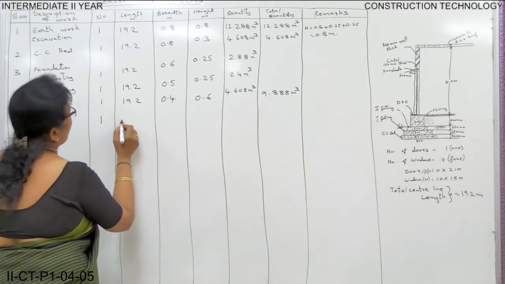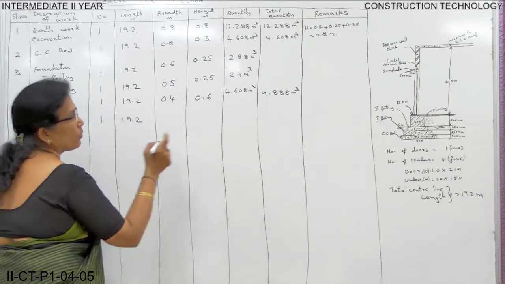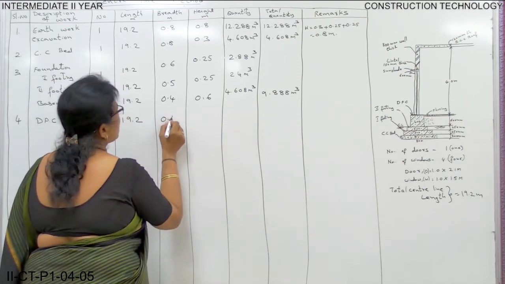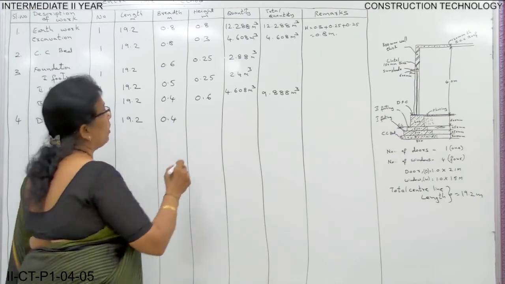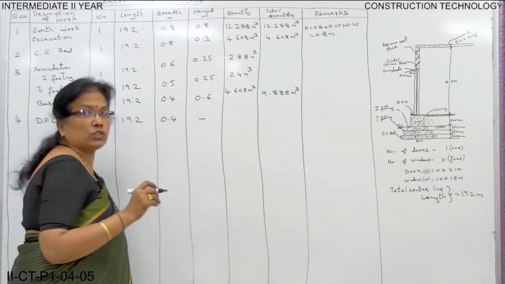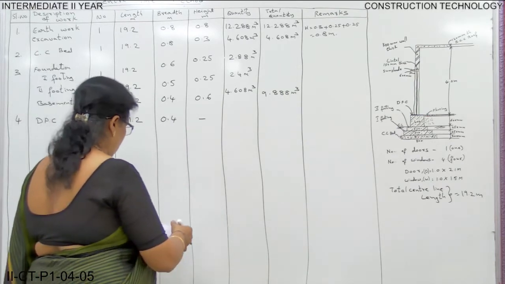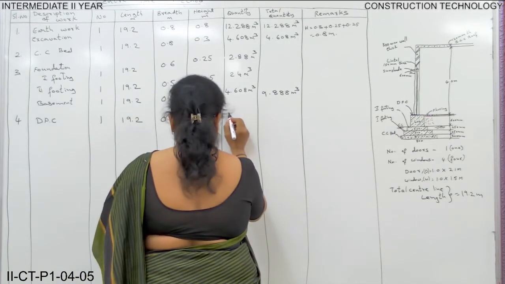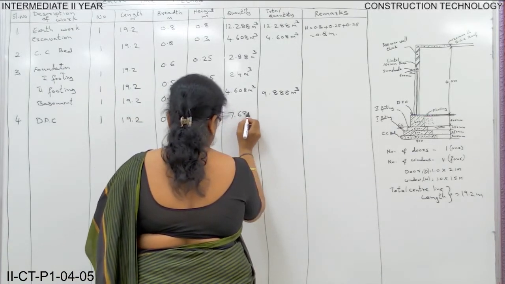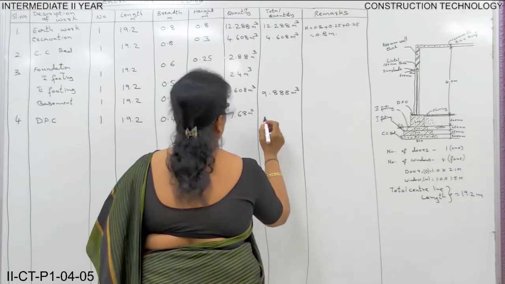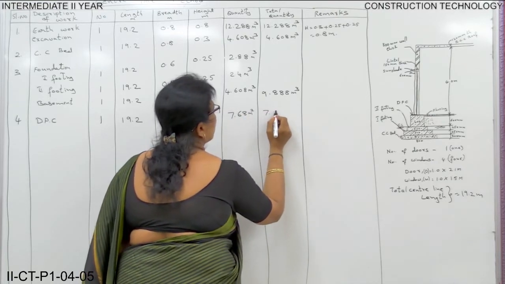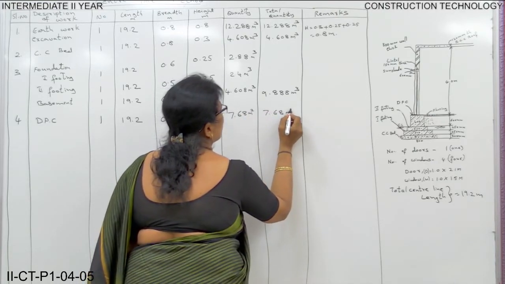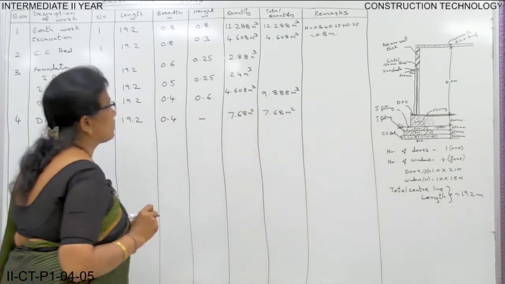Number is 1 and the length is 19.2. Width is the same as basement, 0.4, and height is dash. When you calculate, the quantity is 7.68 square meters, and the same thing you have to write here, 7.68 square meters.